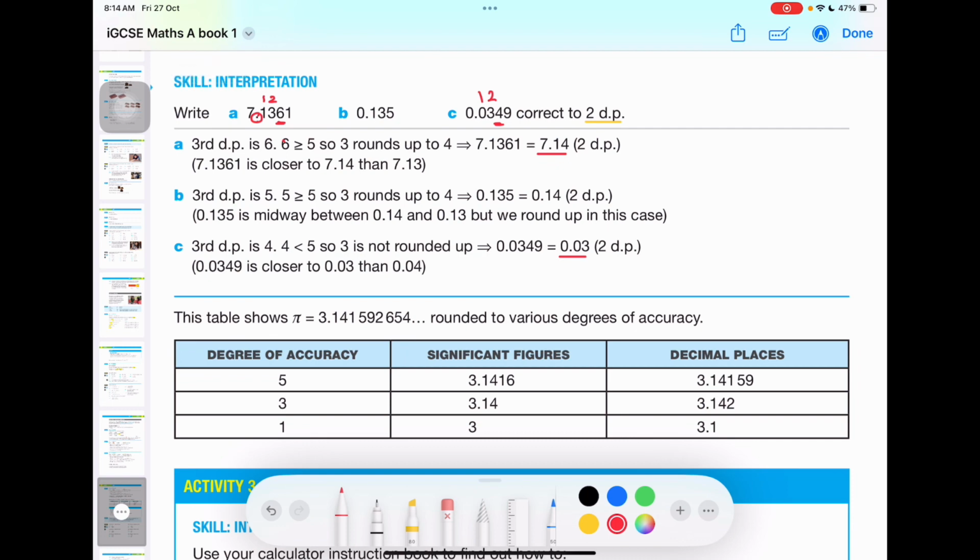If you would like to know pi, it's a function that is pressed on your calculator. Pi is 3.141592654, and so on. If we would like to have 5 degrees of accuracy, this can be represented via 5 significant figures or 5 decimal places.